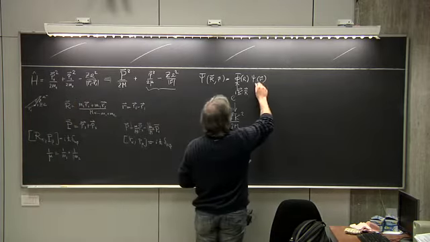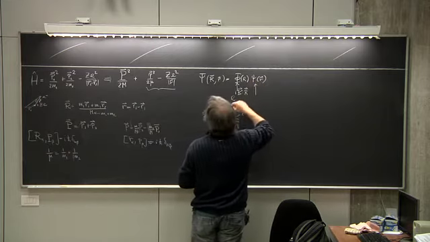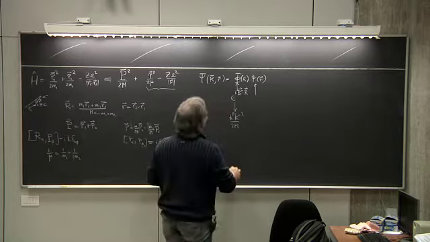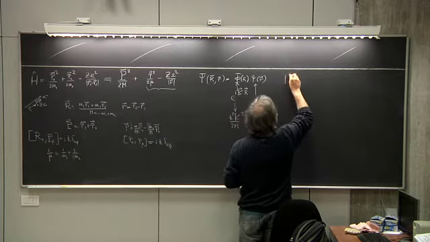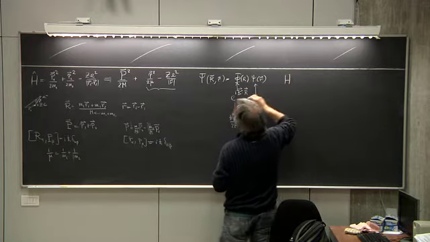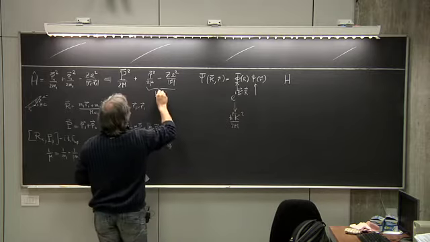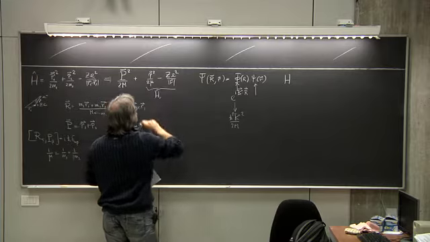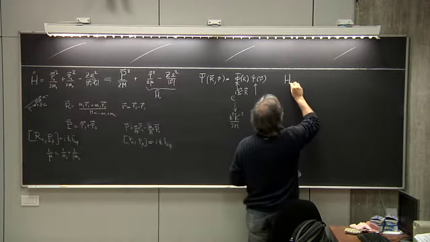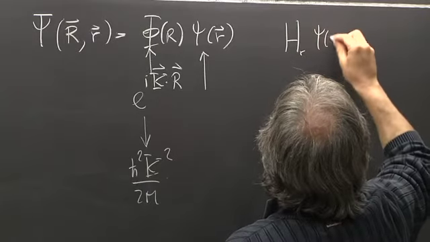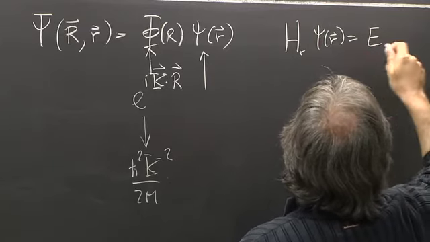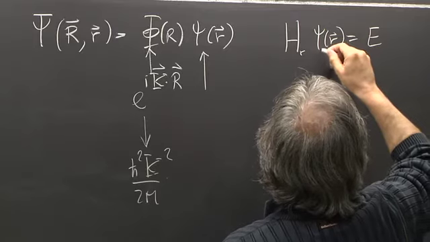The relative part has to satisfy this problem, on the contrary. If I call this the relative Hamiltonian, then this object should satisfy H psi(r) equal to some E. We have to introduce labels.